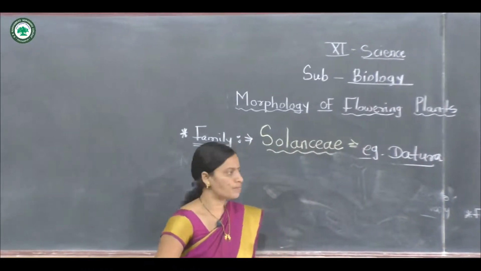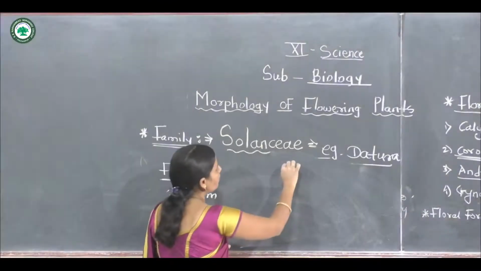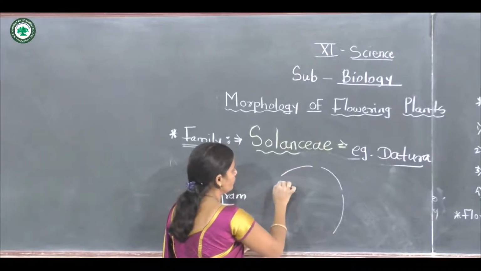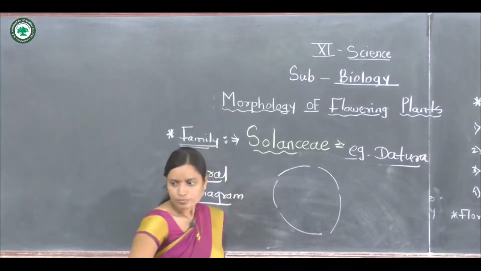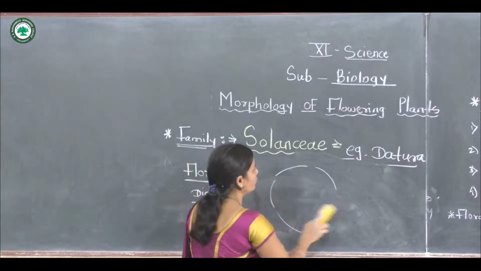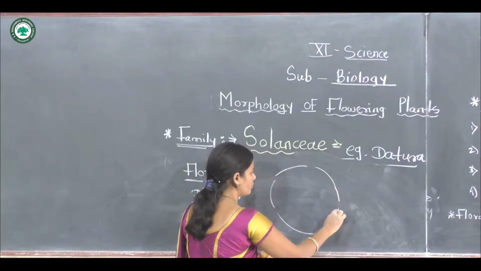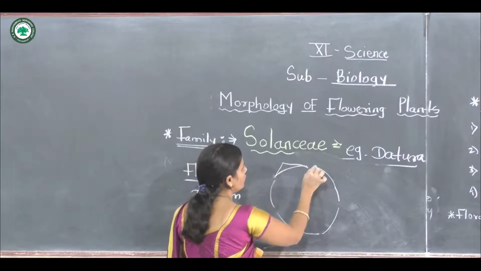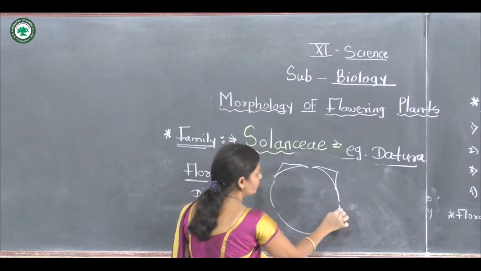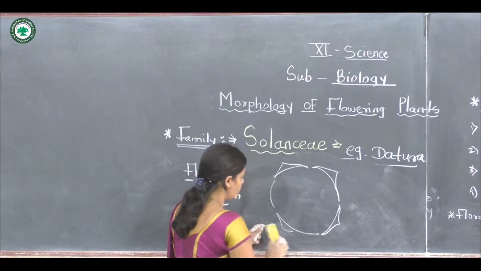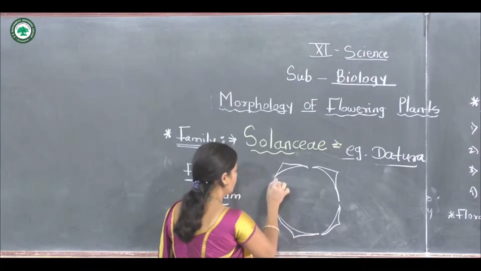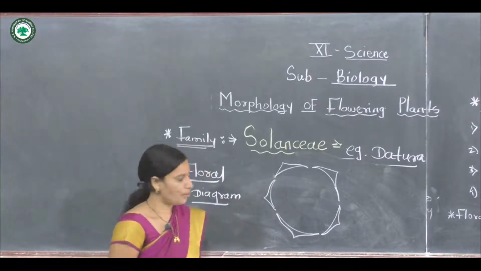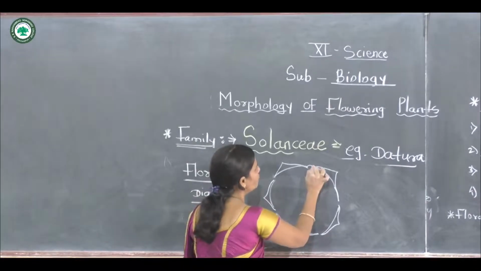Now the floral diagram of this family: the sepals are 5 in number and are fused, with valvate aestivation.